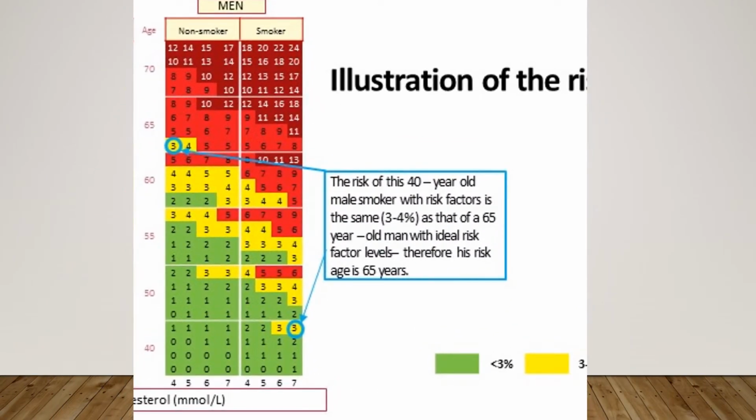For example, this patient who is 40 years old and a smoker has a risk score very similar to a non-smoker patient of 65 years of age, and this is what we call the atherosclerotic, or vascular, age of this patient.